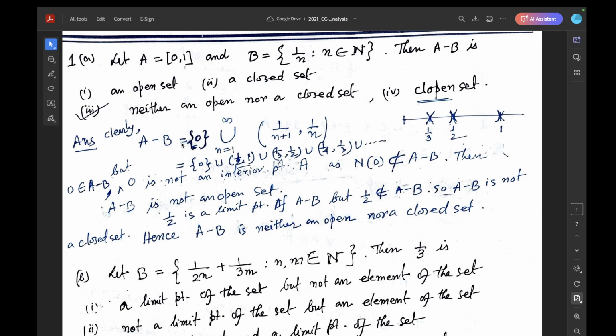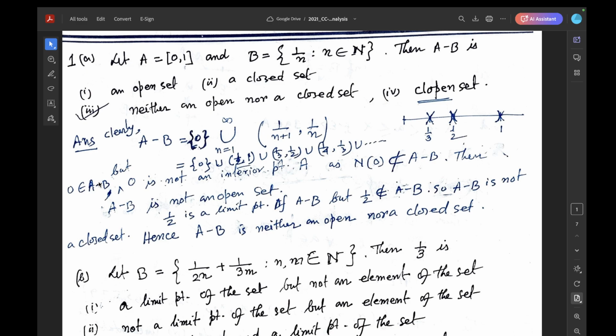So A minus B equals the singleton set {0}, and this interval (1/2, 1) union (1/3, 1/2) union the open interval (1/4, 1/3) and union, and so on up to infinity. So this is the infinite union over n equal to 1 to infinity of the open interval (1/(n+1), 1/n), together with the singleton set {0}.